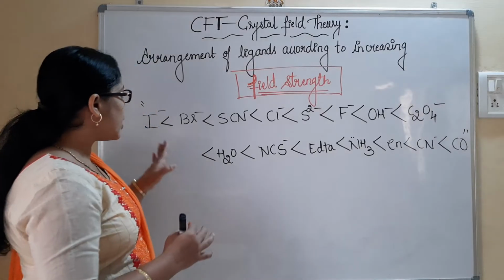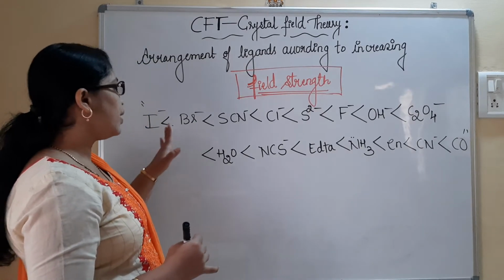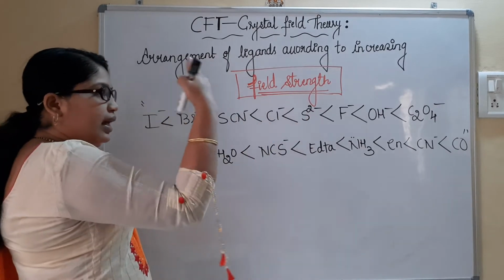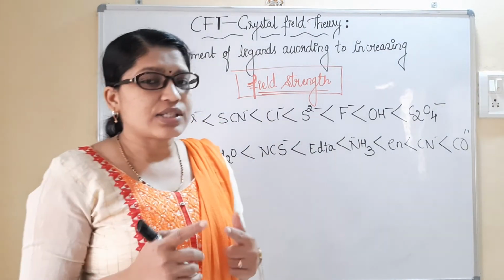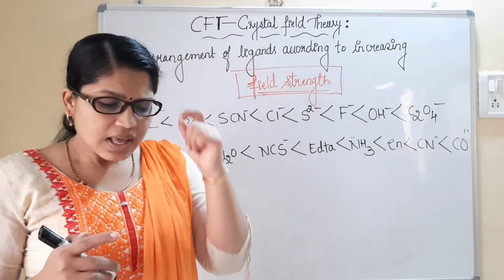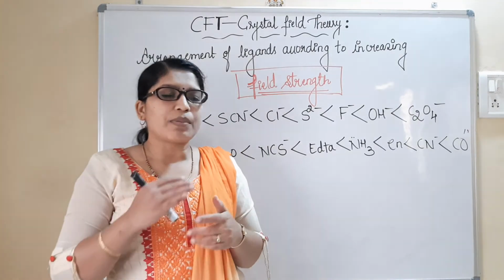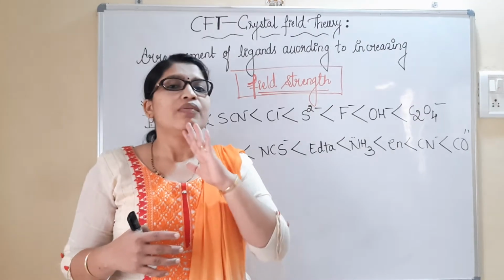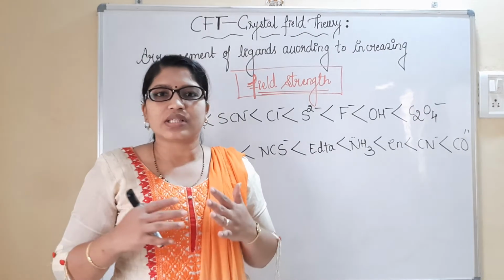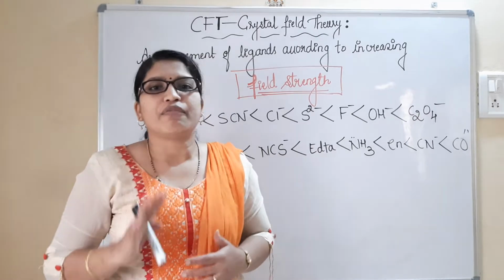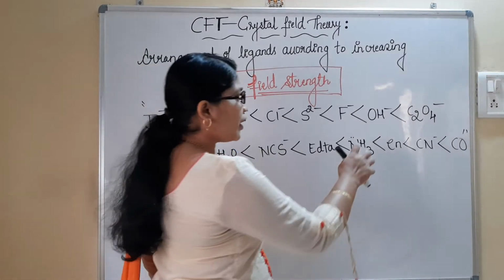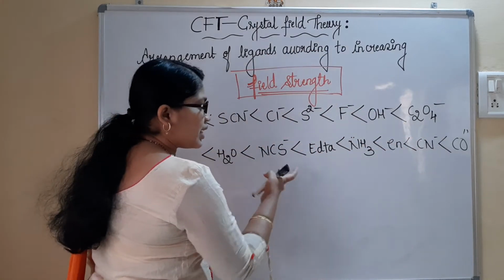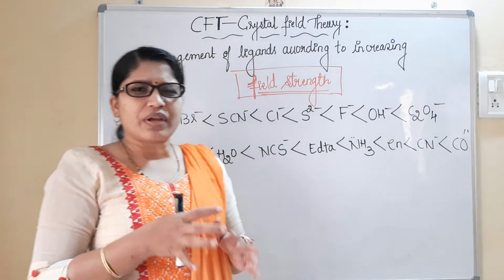You can see here halogens I minus, Br minus, Cl minus, F minus, which are coming in the beginning of the series, are said to be weak field ligands. I have given you many examples. Also we have done some examples in which we have studied almost halogens are considered as weak field ligands. In between we have certain oxalate, OH minus, water, NCS, all are said to be moderate.